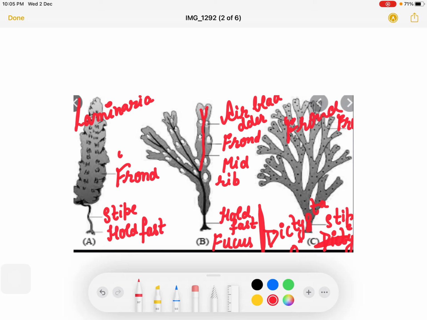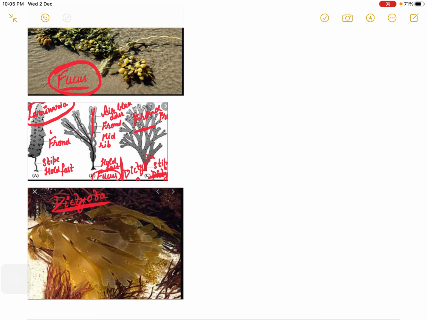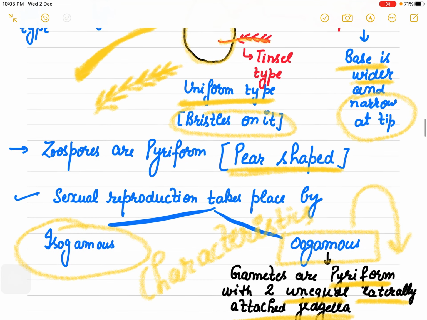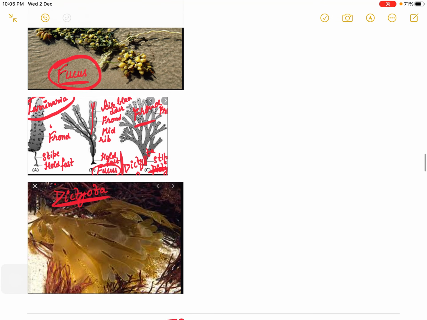And this is the Dictyota. So the first one is Laminaria, then Fucus, and this is Dictyota. Okay, and this is all about our brown algae, that is the Phaeophyceae. Go through this lecture, and then we will start with our red algae.